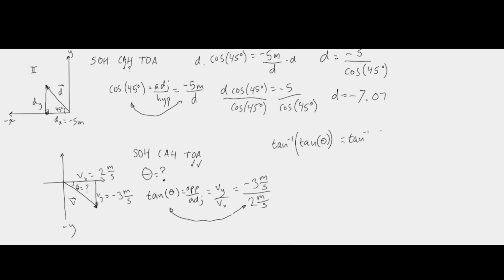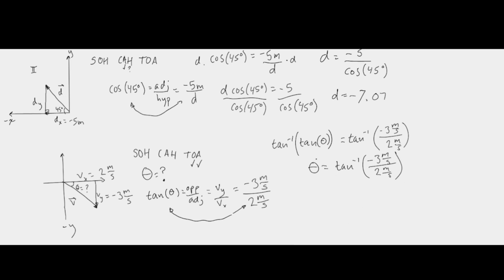So the inverse tangent of -3 meters per second over 2 meters per second. Simplifying this further, the inverse tangent then gets rid of our tangent, and we're left with theta equal to the inverse tangent of -3 meters per second divided by 2 meters per second.